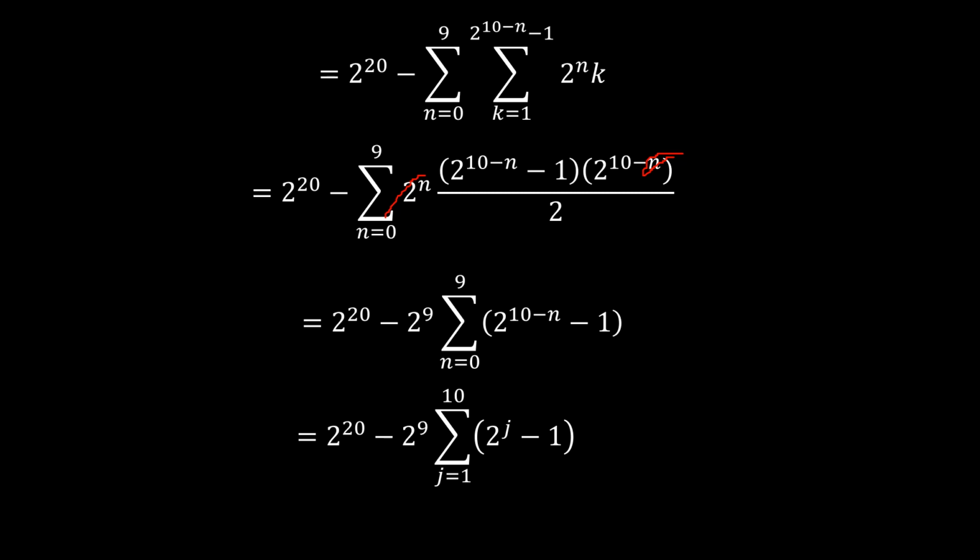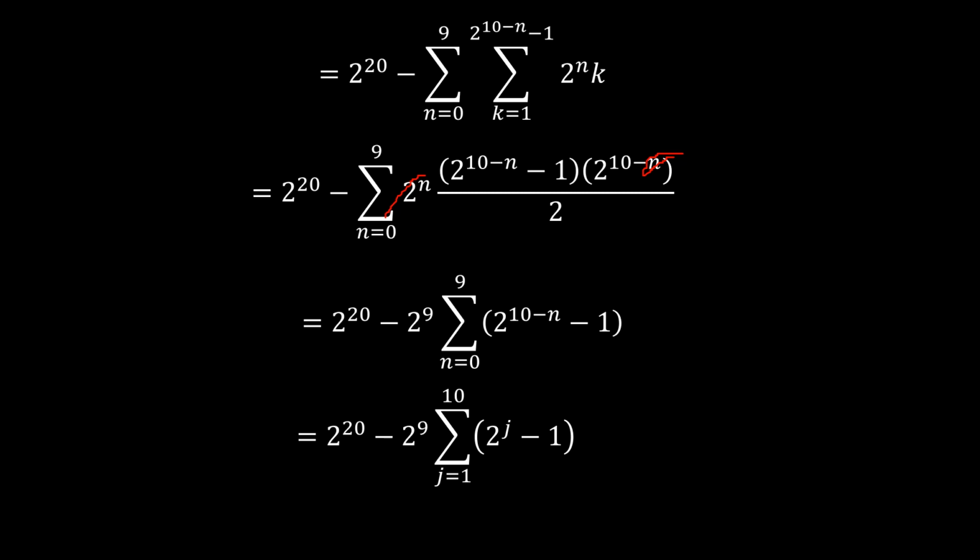Now this is interesting because when n is equal to 0, this is 2 to the power 10. When n is equal to 1, this is the same as 2 to the power 9. When n is equal to 9, this is the same as 2 to the power 1. So I can just quickly express this as a summation of 2 to the power j, from j equals 1 to 10.